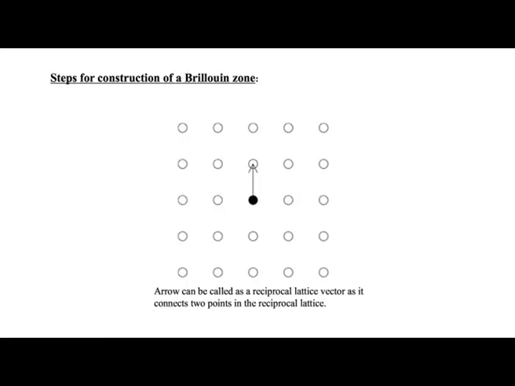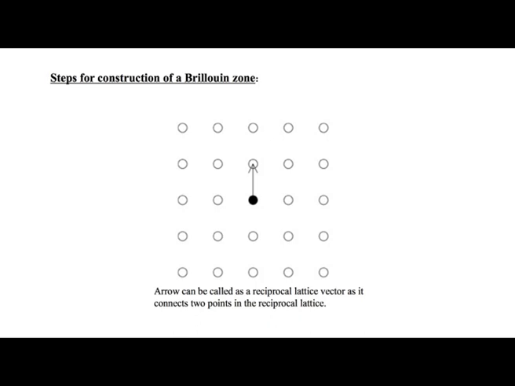The first step is to use the real space lattice vectors to find the reciprocal lattice vectors and construct the reciprocal lattice. And we have already seen in the earlier lectures how to construct a reciprocal lattice, right? So, taking the cue from that knowledge, you imagine a two-dimensional lattice as shown in the diagram.